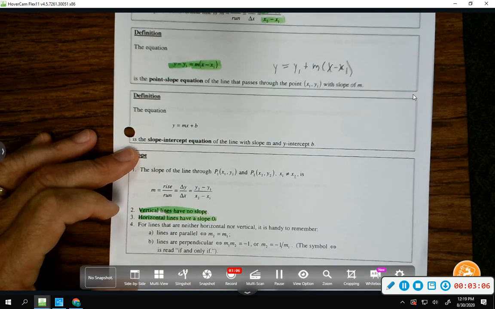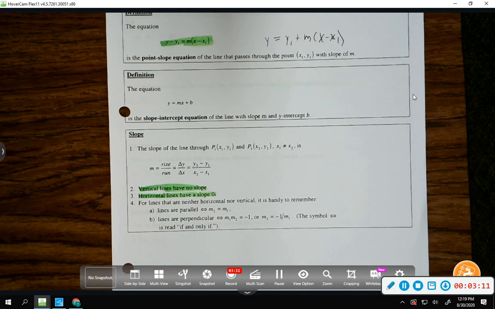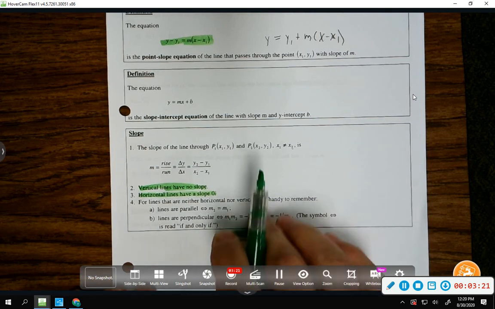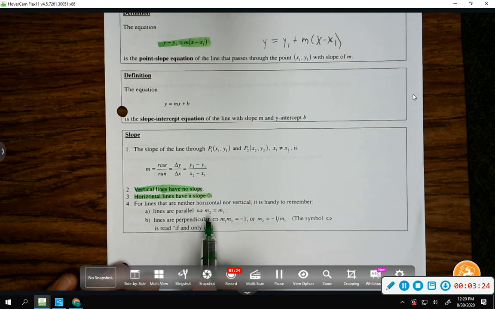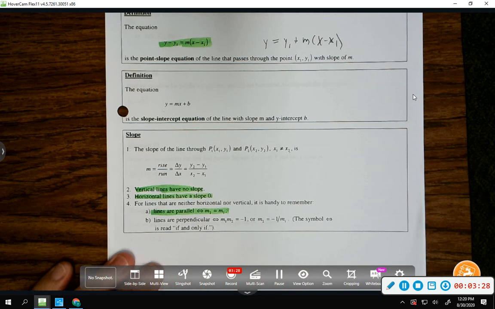Okay? For lines that are neither horizontal nor vertical, it is handier to remember a few other items. Number 1, parallel lines. This means if and only if the slopes are equal, m sub 2 equals m sub 1.